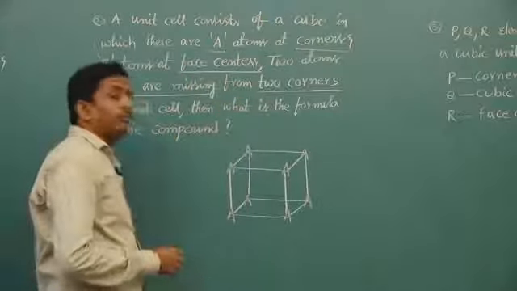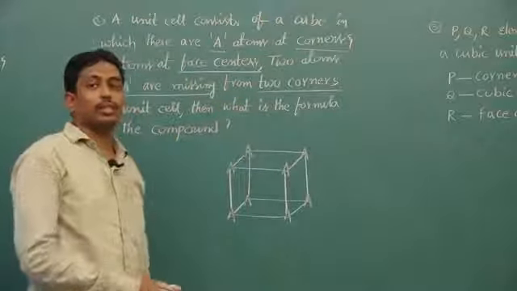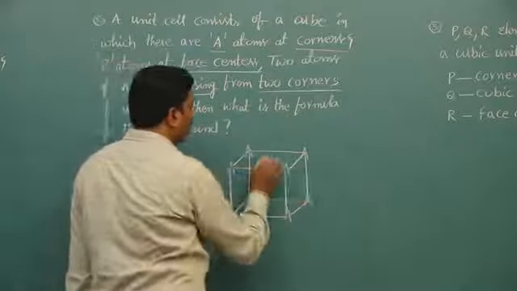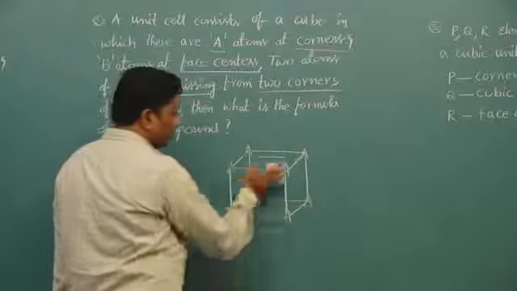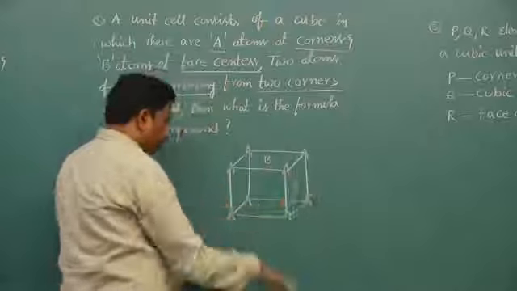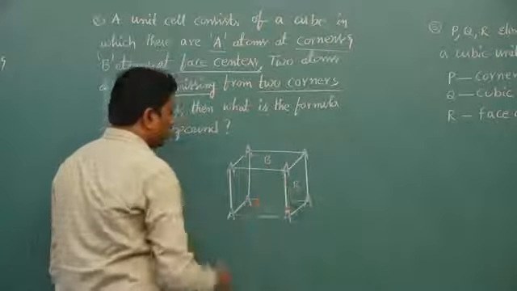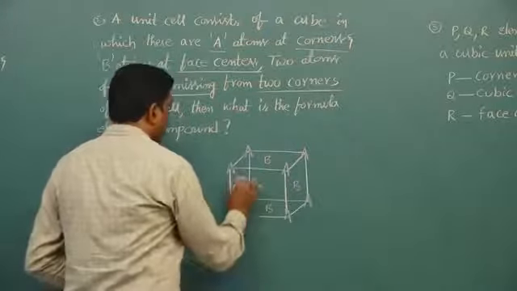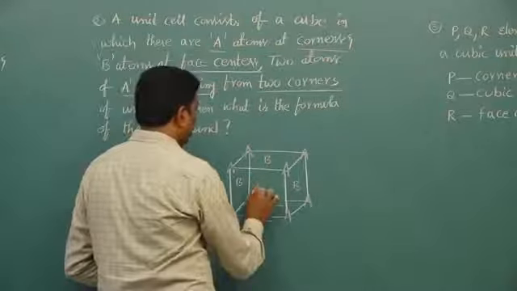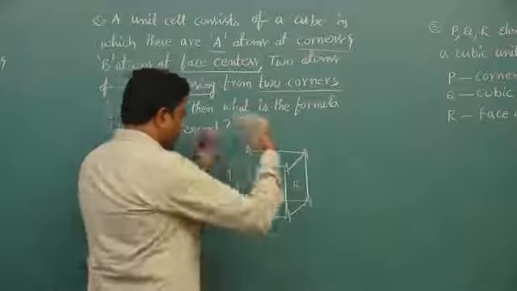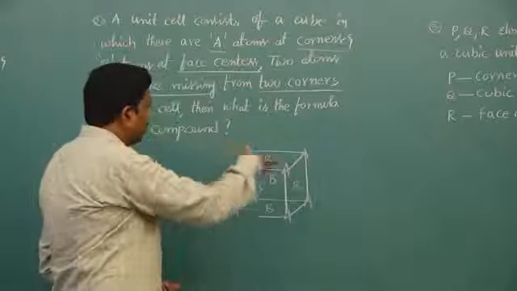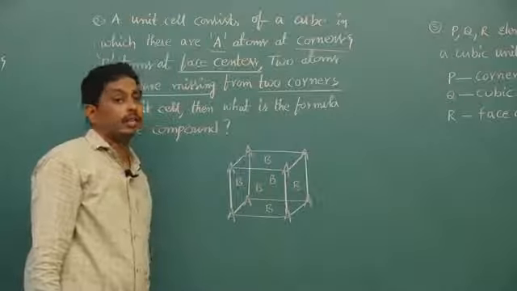For a cube, how many face centers are there? 6 faces are there. So, top face center B, right hand side face center B, downwards face center B, left hand side face center B, front side face center B, back side face center B. So, this is the arrangement. A are at corners, B is at face centers.